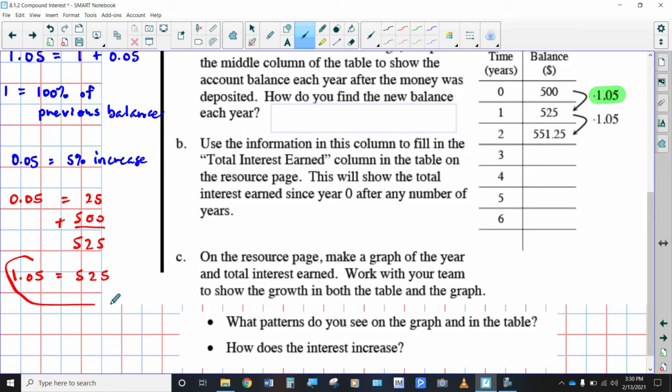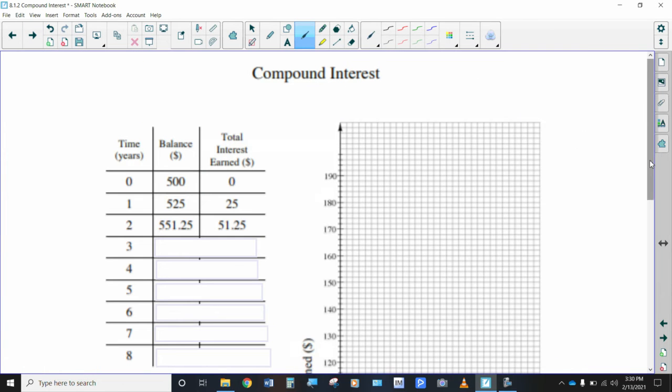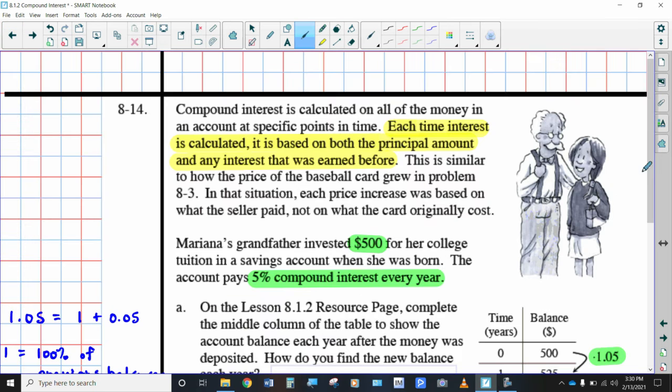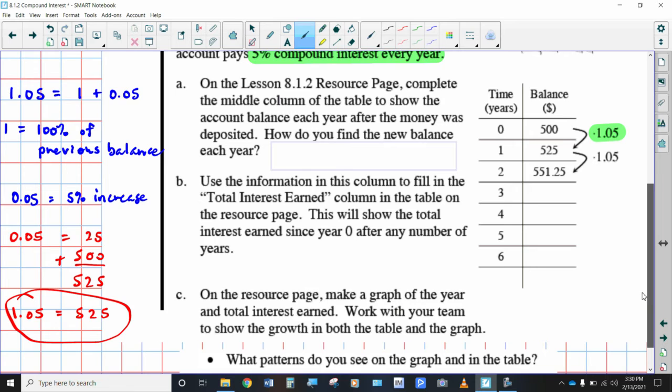So we're doing this. Rather than every single transaction finding 5% of that number and then adding it, we are just going to do it in one step as a multiplication process. So we've added 1 plus the 5% together before we created this multiplier. Okay, so now what I would like for you to do is this. Let me go back and just show you one more time, just to make sure that you know what we're going to do here.